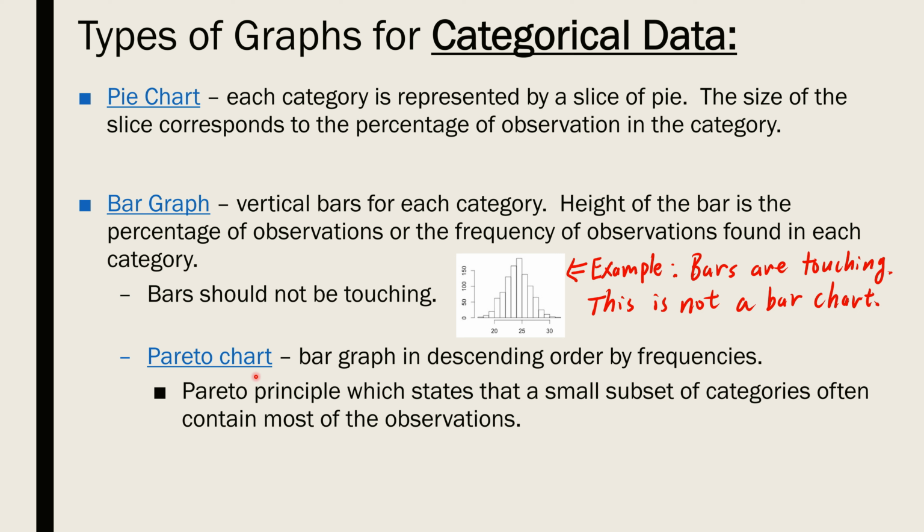Pareto chart is bar graph in descending order by frequencies. Pareto principle states that a small subset of categories often contain most of the observations.